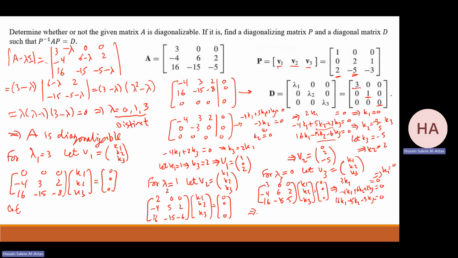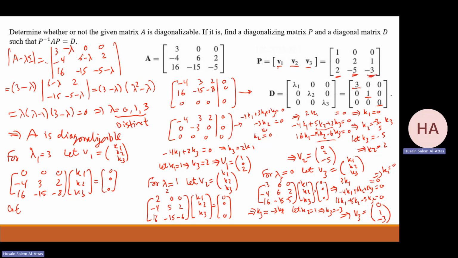I can say K3 will be minus 3 K2, since K1 is 0 already. So I let K2 be 1. That implies K3 equals minus 3. So it is my V3. It will be 0, 1, minus 3, which is this one.